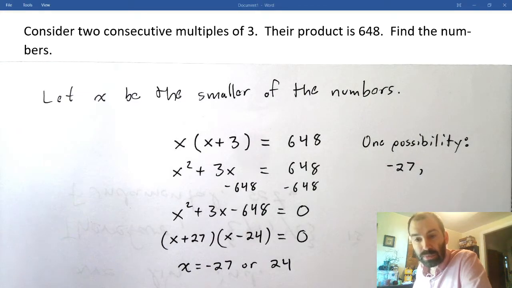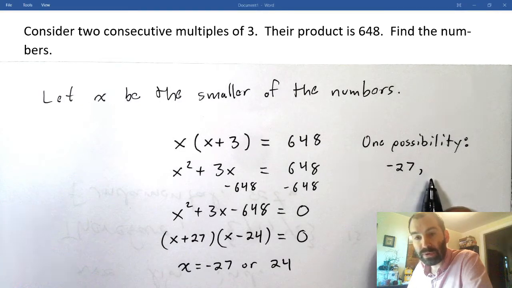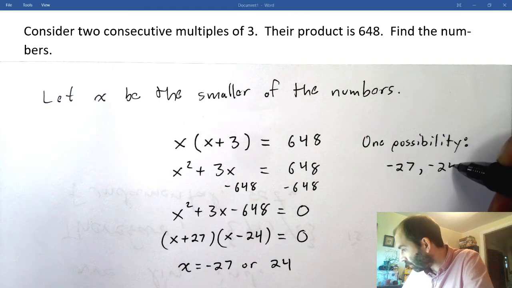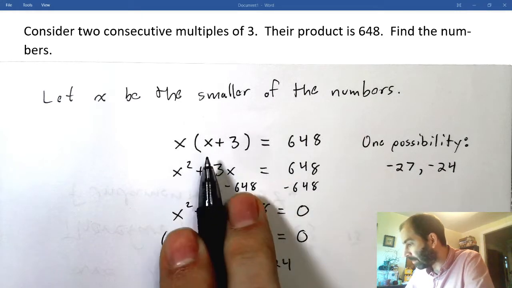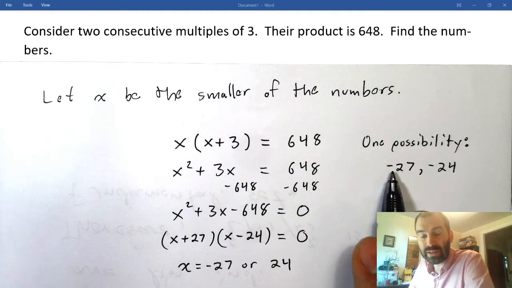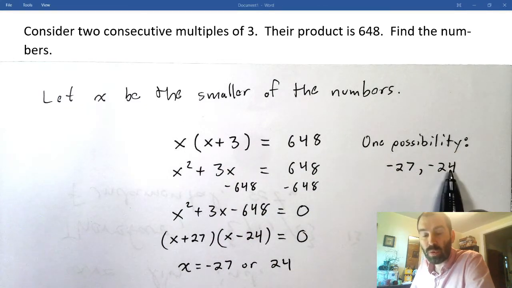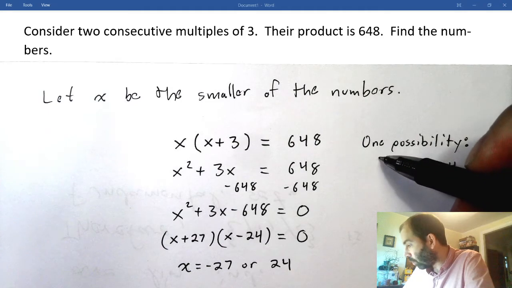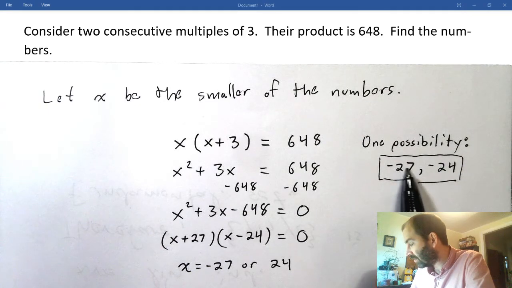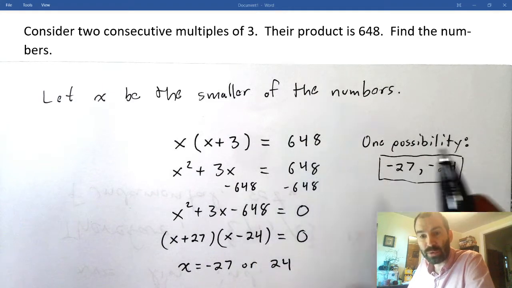The consecutive multiple of 3, the next larger multiple of 3. It's negative 24. I just add 3 to this. Remember, that's what the other number was. It was x plus 3. So if I just add 3 to this, I get negative 24. That's one possibility. So this is one answer to the problem. Two consecutive numbers whose product is 648.